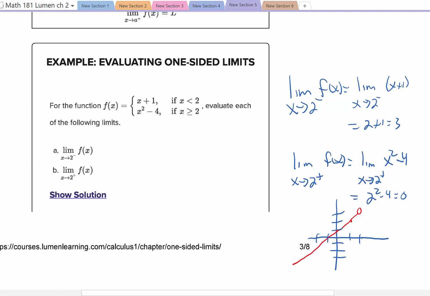And the other one would be a parabola that would have gone down to -4, but it picks up with this piecewise function there. So there's our graph. We can see the left side and the right side graphs. I hope that helps.